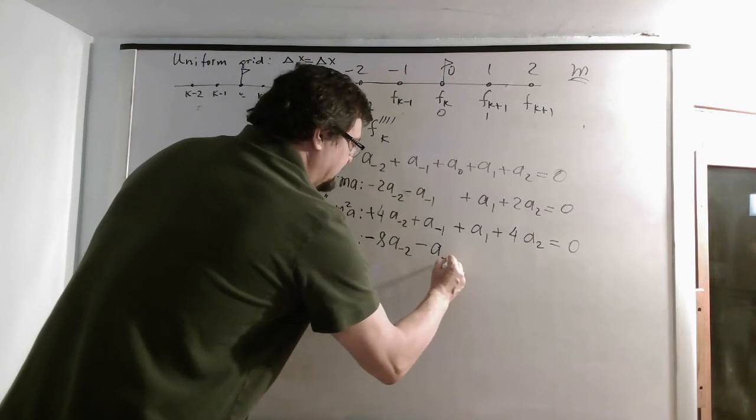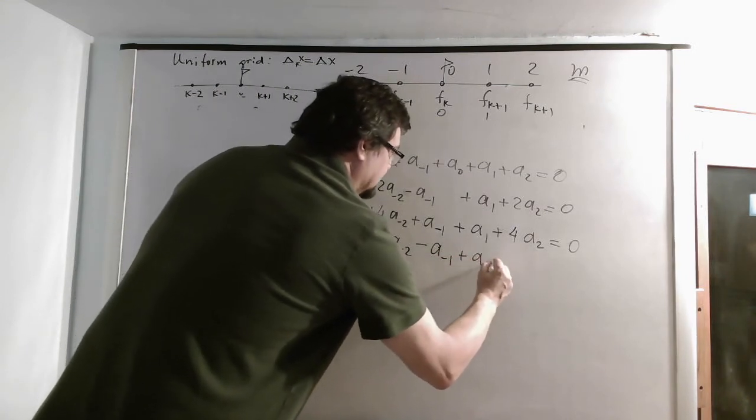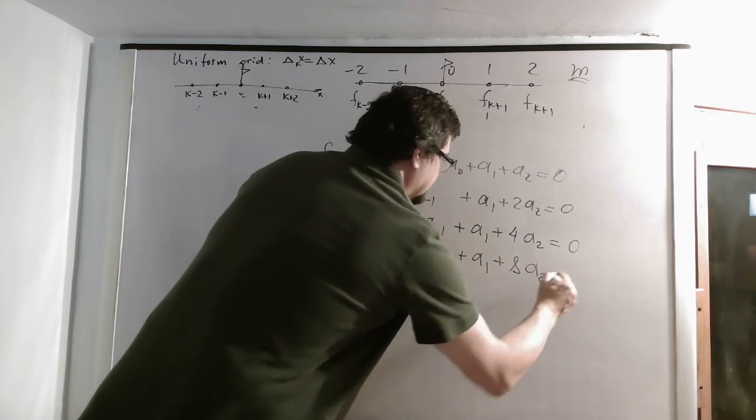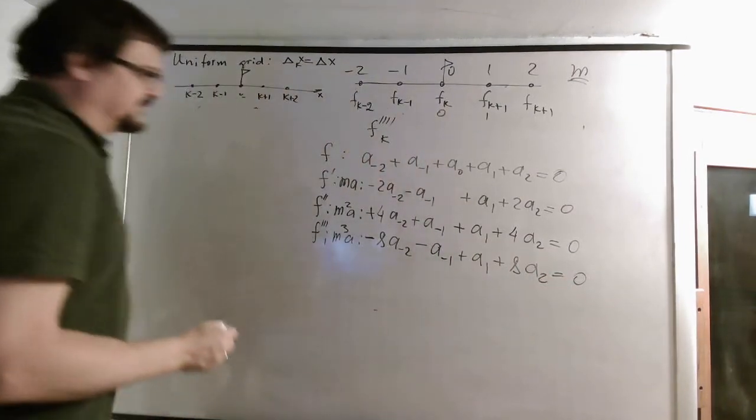So it's minus 8a minus 2, minus a minus 1, plus a1, plus 8a2 equals still 0, because this is not our fourth.